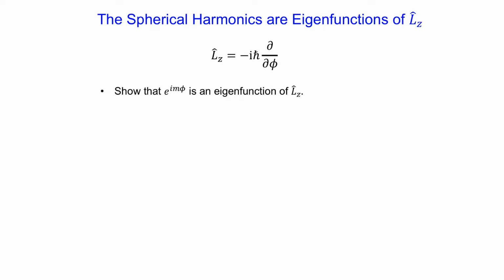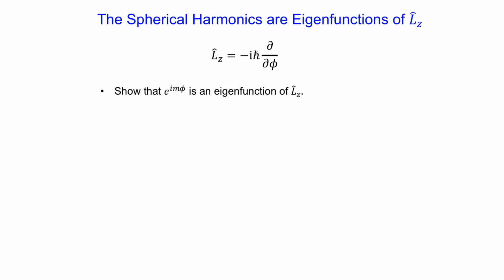And I want you to take a minute, so pause the video right now. I'd like you to take a minute to show that e to the im phi is an eigenfunction of LZ. Okay, so let's do a practice eigenvalue problem right now. So pause the video, take a minute to evaluate LZ acting on e to the im phi.